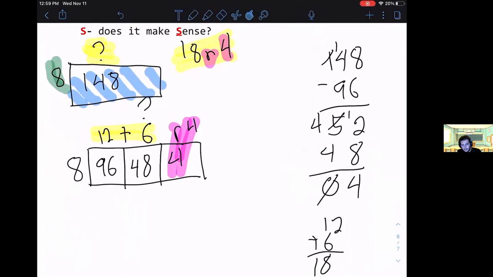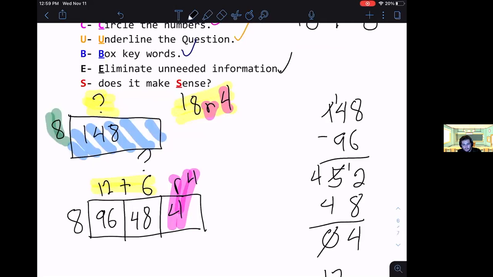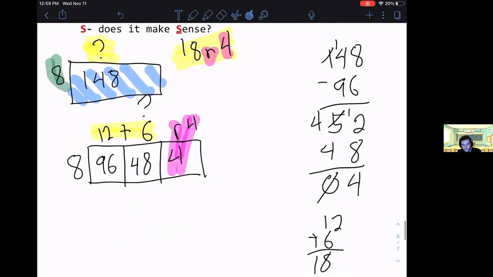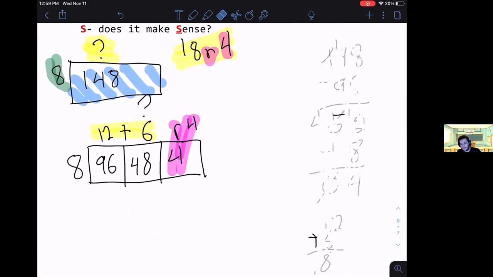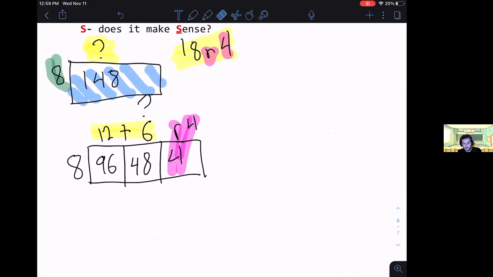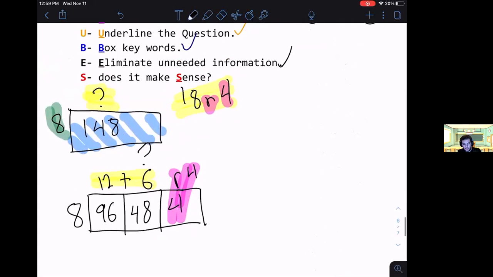Now we have to do the S. Does it make sense? We have to check the work, see if it's accurate. I know many of you are very talented with multiplication. So let's do this in red, because doesn't make sense is in red. So we have 18 times 8. 8 times 8 is 64. 8 times 1 is 8 plus 4.